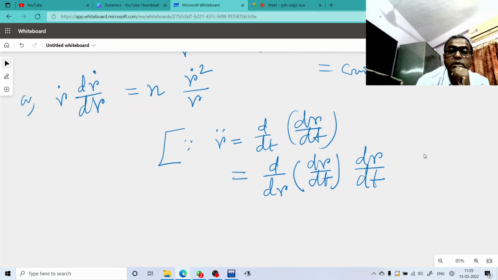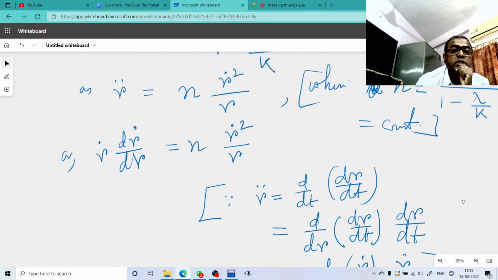So this dr/dt means r dot, so we can write d/dr of r dot into r dot. So r dot into dr dot by dr, r double dot equals this.